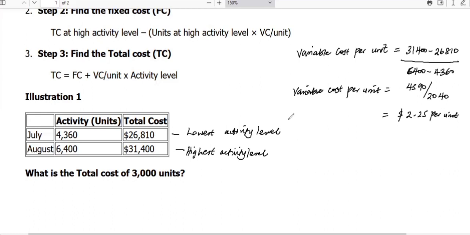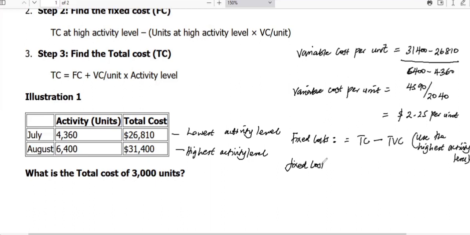These total costs are mixed. They have elements of variable costs as well as elements of fixed costs. So let's compute the fixed costs. Now your fixed cost will equal the total cost minus the total variable costs. We can use the highest activity level.